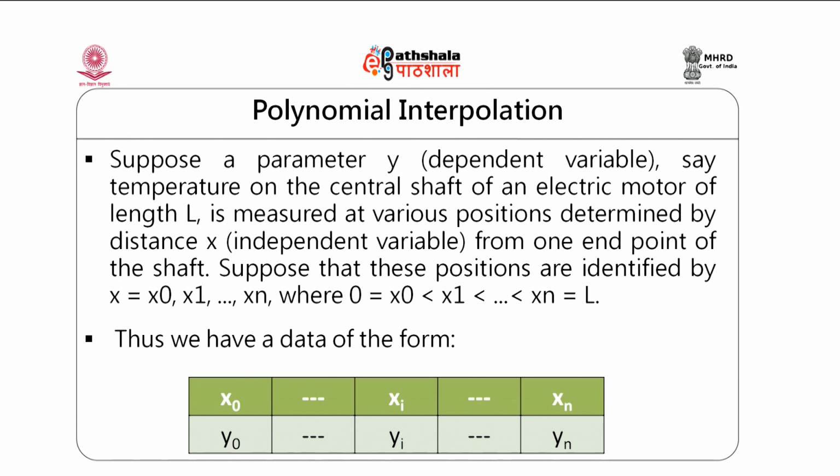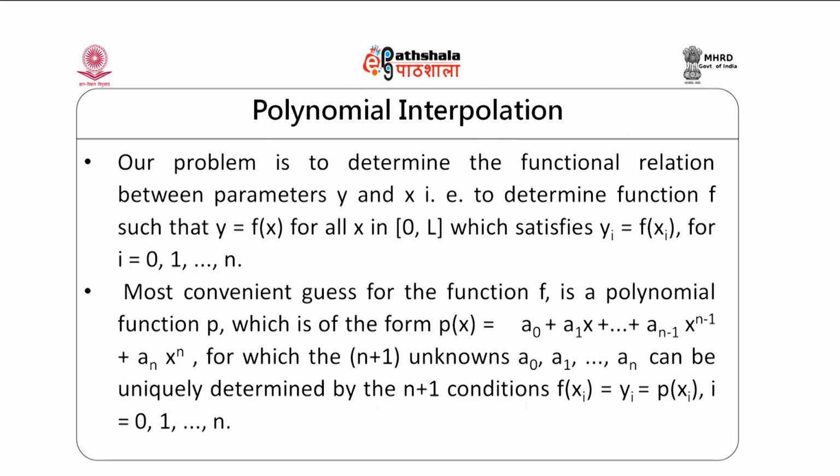Thus, we have data in the form of a table. The first row gives the independent variable, starting with x0 and so on up to xi, xn, and the second row gives the dependent variable y0 and so on up to yi, yn. Our problem is to determine the functional relationship between the parameters y and x.